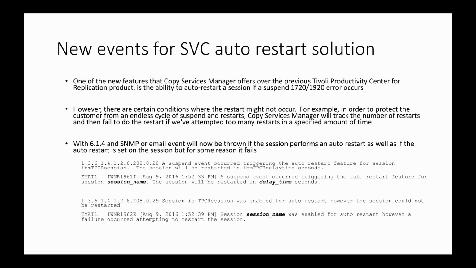So for example, we do have some code that will track the number of restarts we do in a certain time. If we do too many, we will stop doing auto restart. So that's when this particular notification would kick in. We don't want to hammer the system, because obviously if we're auto restarting continuously over that short cycle, something's wrong, and you've got to address it.